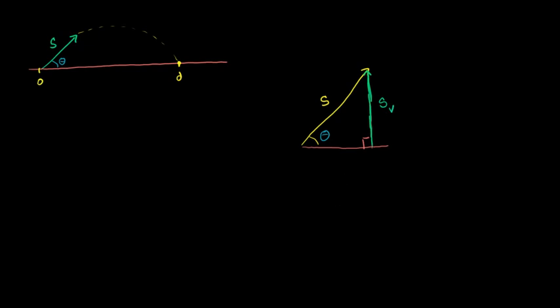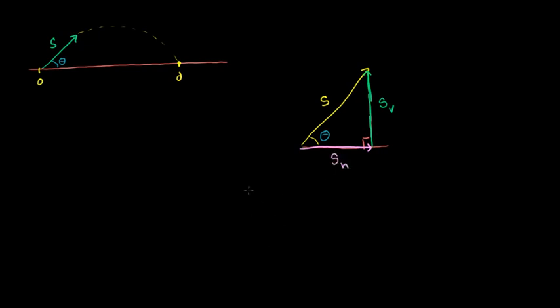And then the length of this part of the triangle is going to be our horizontal speed, or the component of this velocity in the horizontal direction. And when I use this word velocity, when I specify a speed and a direction, speed is just the magnitude of the velocity. So the magnitude of this side is going to be speed horizontal.